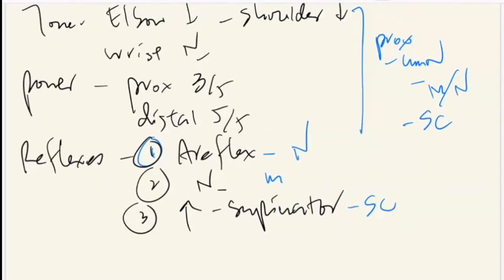So when you check sensory, by now you should know in your mind, if this is areflexia, what is the likely diagnosis and so on.